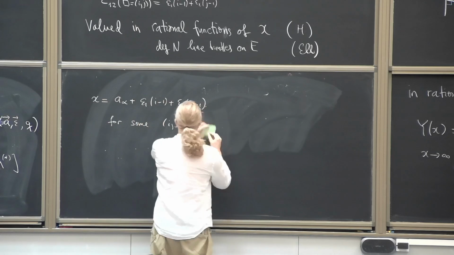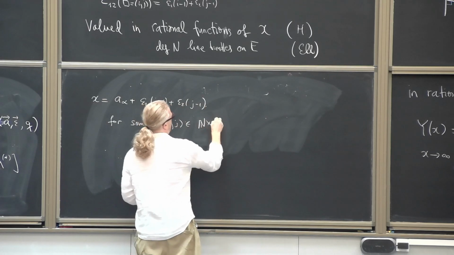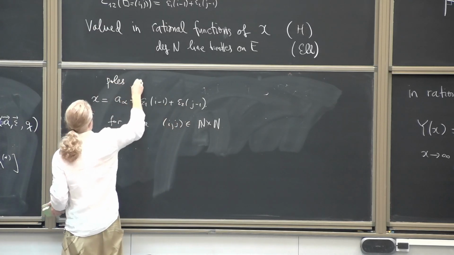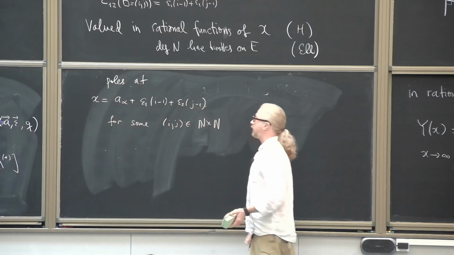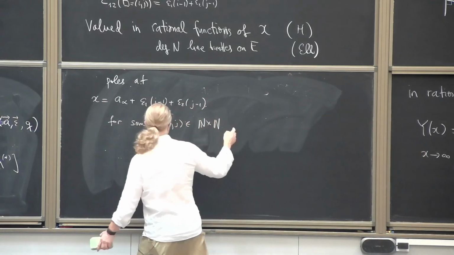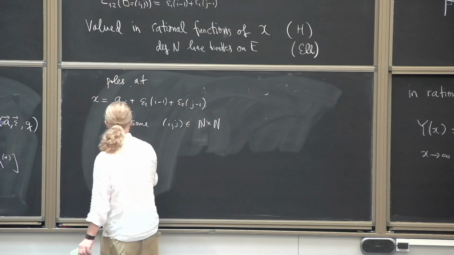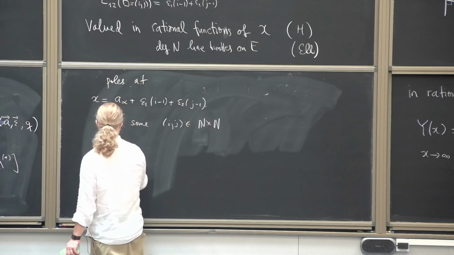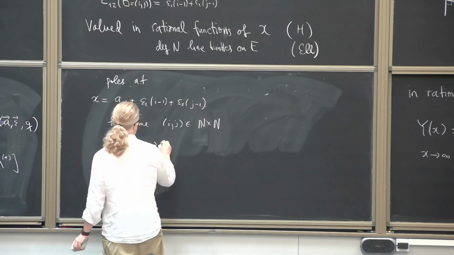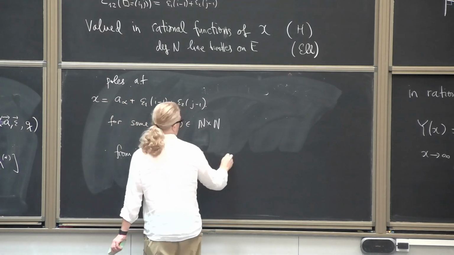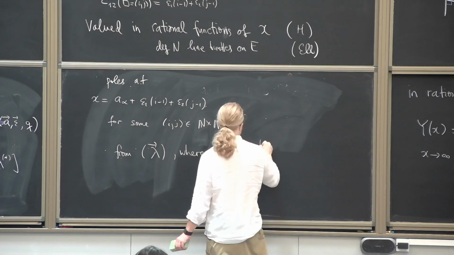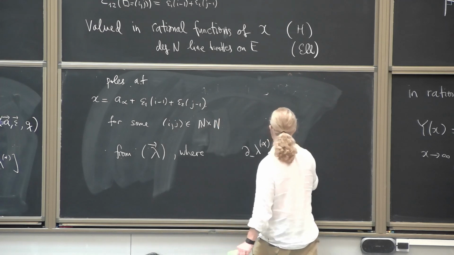And they come from the sum over all collections of Young diagrams for which the inner boundary of lambda alpha contains the box ij.